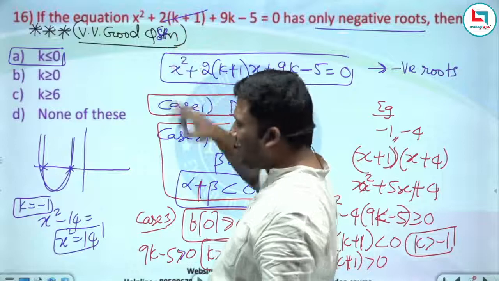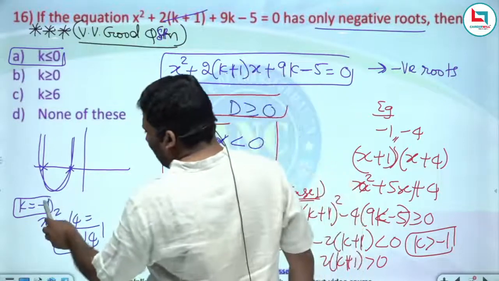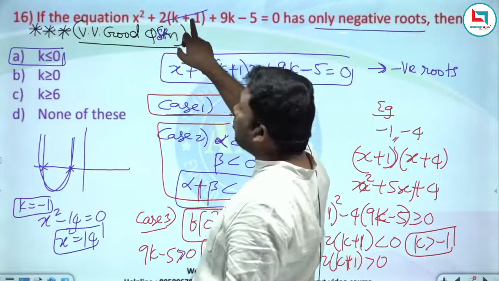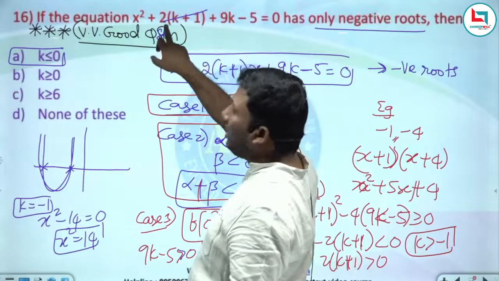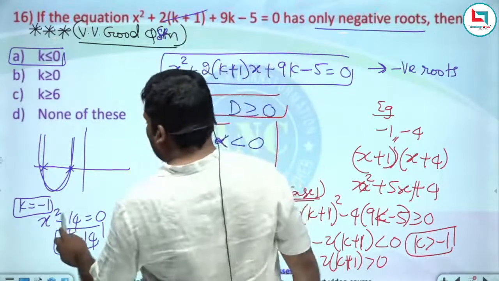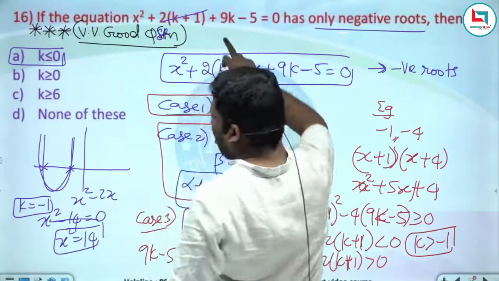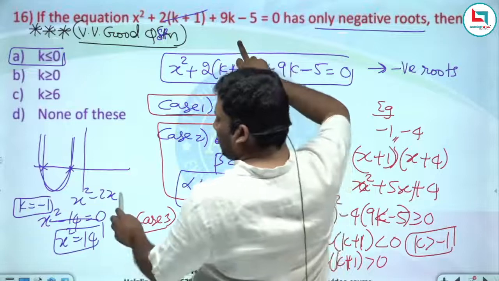Instead of k minus 1, let us take k minus 2. It becomes x square minus 2x minus 23.